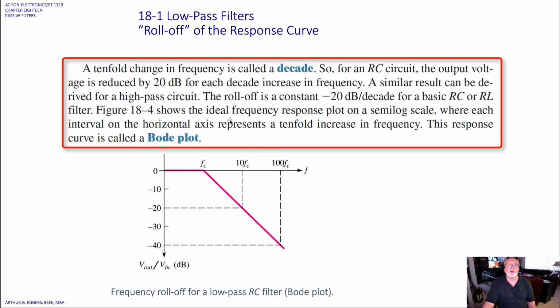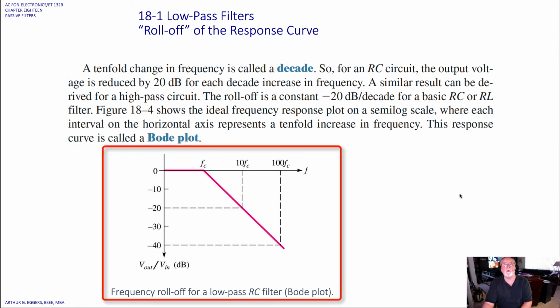So the diagram shows the ideal frequency response plot on a semi-log scale. If you're not familiar with semi-log paper or a semi-log scale, go back and take a look at that. Each interval on the horizontal axis represents a tenfold increase in frequency. This response we now call the Bode plot, and you'll be seeing it more in the rest of this course and in future courses.